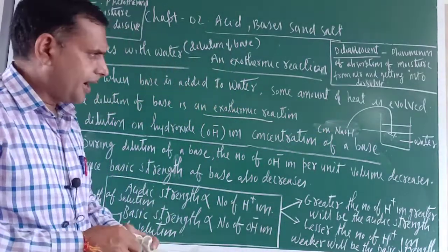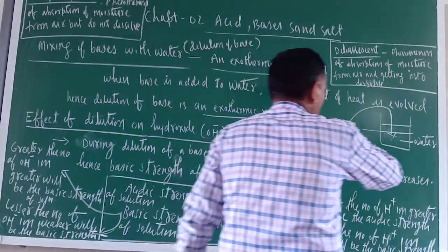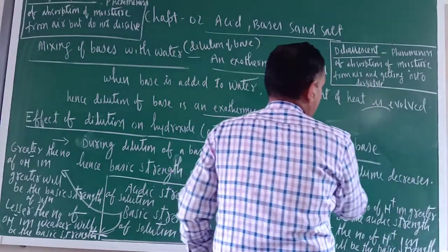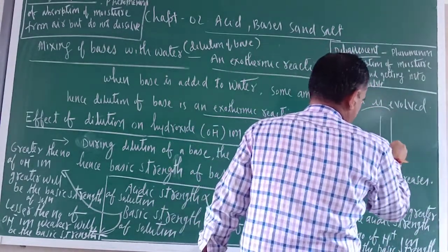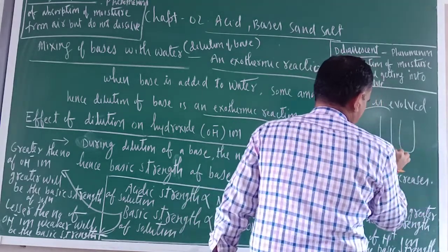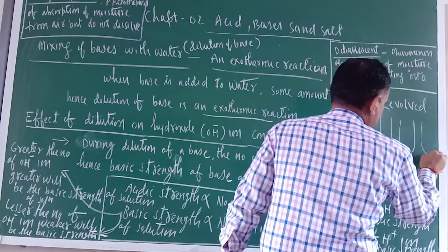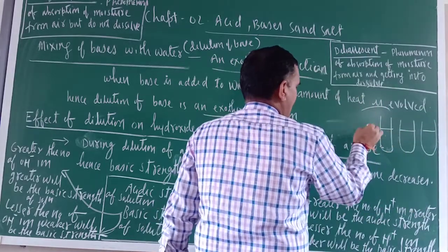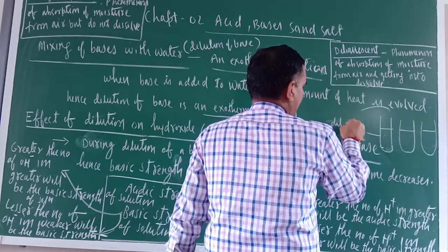Now try to understand the effect of dilution on the concentration of a base. Suppose this is one test tube, this is another test tube, and this is a third test tube. In test tube A you have taken dilute NaOH.